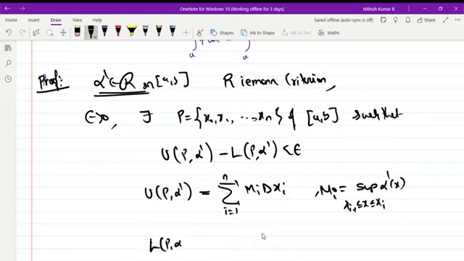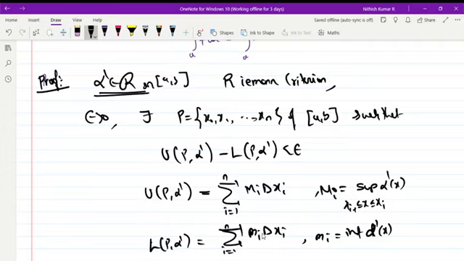And L(P, alpha dash) is summation i is equal to 1 to n small mi delta xi, where small mi is the infimum of alpha dash of x, where x lies between xi minus 1 and xi, true for all i between 1 and n.